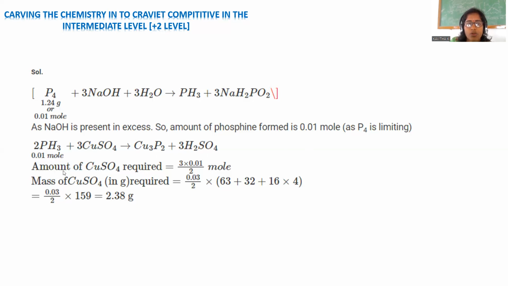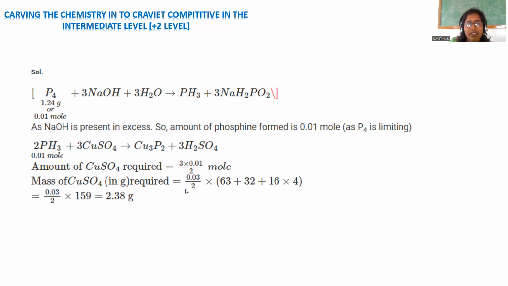The amount of copper sulfate required: the exponent 3 is given for copper sulfate, and 0.01 moles of PH3 reacted with copper sulfate, whose exponent is 2. So 3 into 0.01 by 2 can be taken as the amount of copper sulfate.